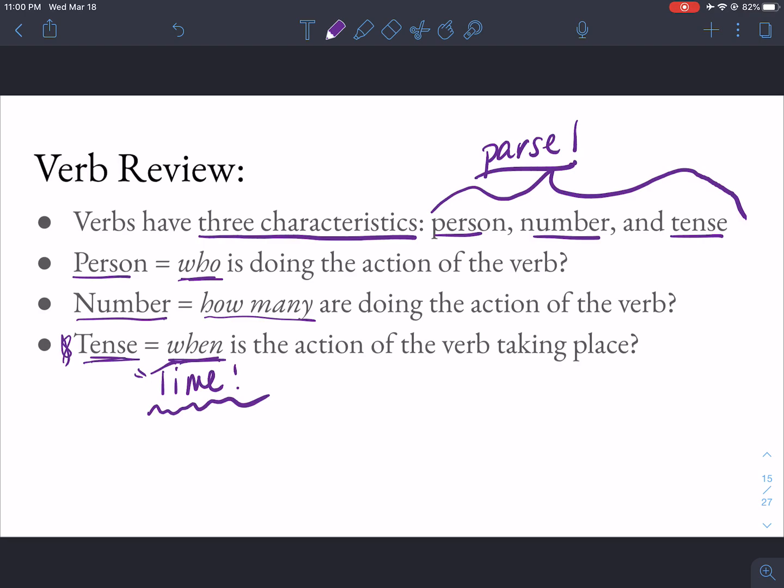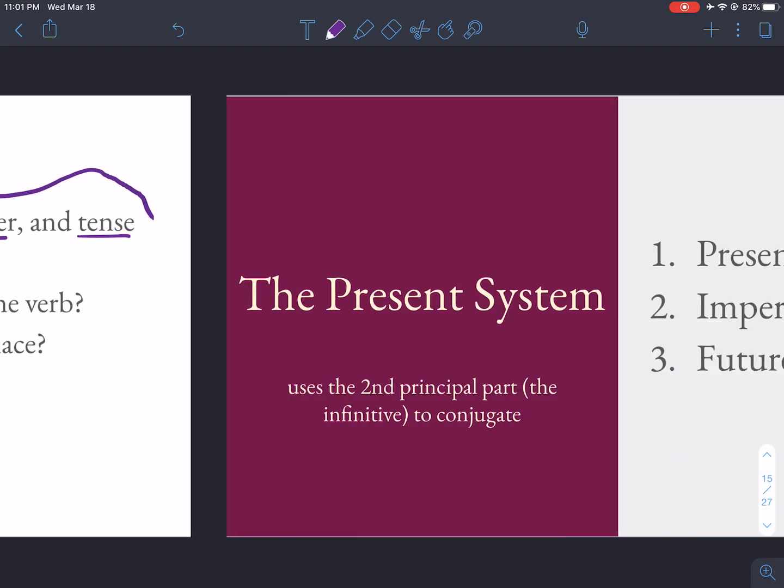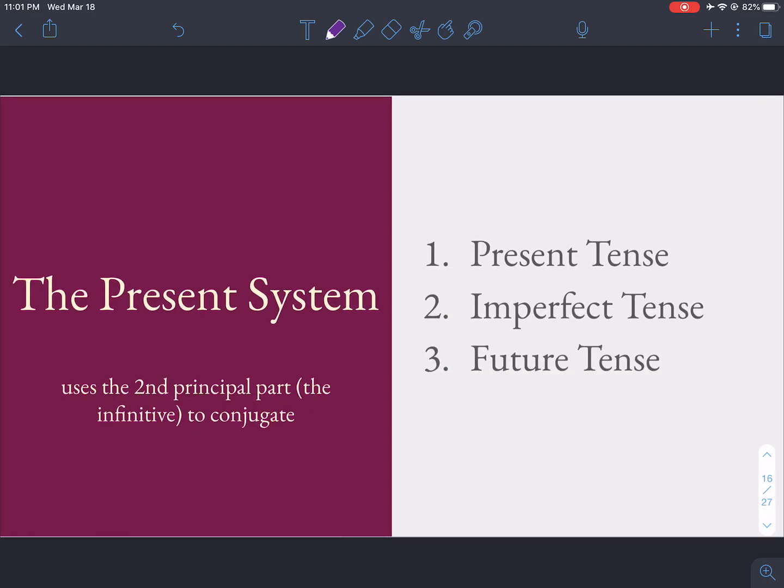So in the past, I've told you that there are two verb systems in Latin. Let's go over them real quick. The first one is called the present system. Within the present system, we've got the present tense, the imperfect tense, and the future tense.